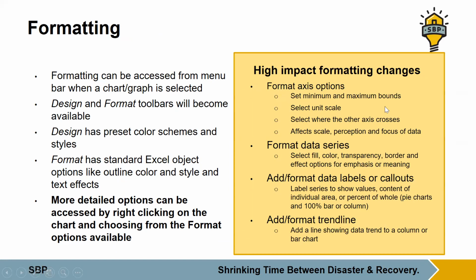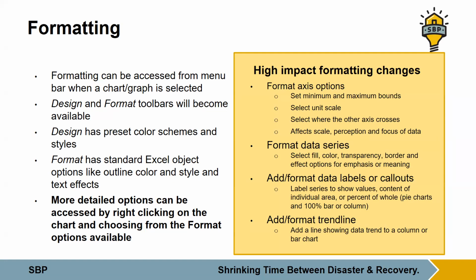So if my budget's $3,700 a month and I make the y-axis $100,000, it's going to make my budget look tiny. But vice versa too. Then I can format the data series, changing the color, transparency, border, and effect options for emphasis or meaning. I can add or format data labels or callouts so you can see things more easily, and I can add a trend line to a bar chart.